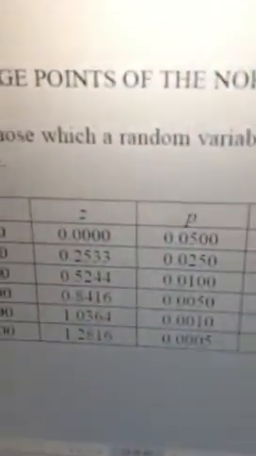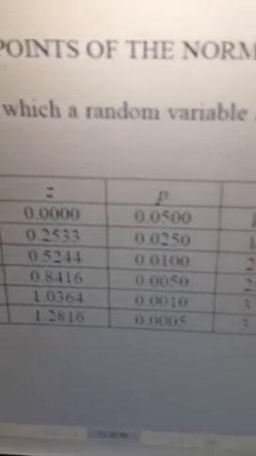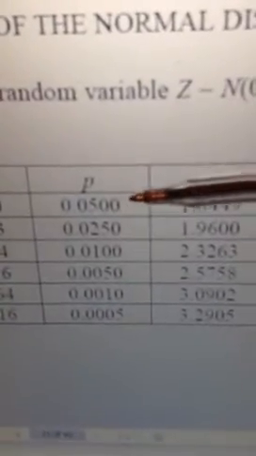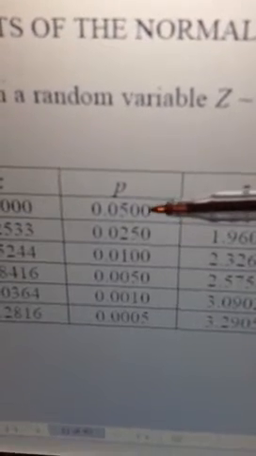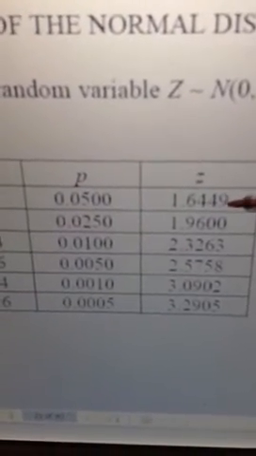So I go to my table, and I see that probability right there. That means 5%, 0.05. So that's 5%, and the Z value is 1.6449. We know that this Z value, when that happens, is 1.6449.